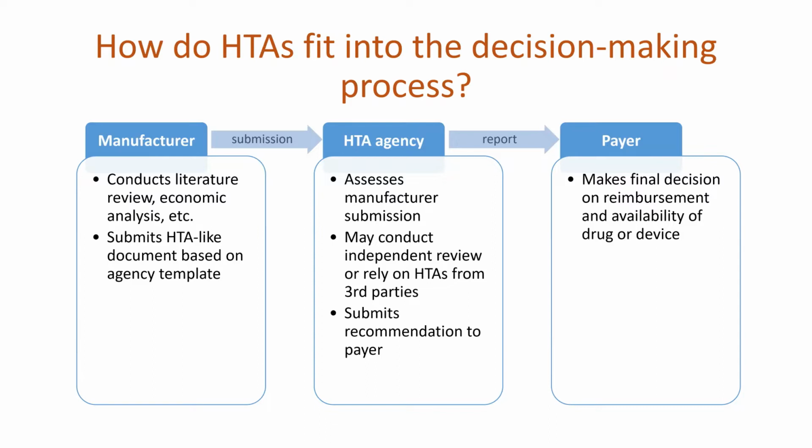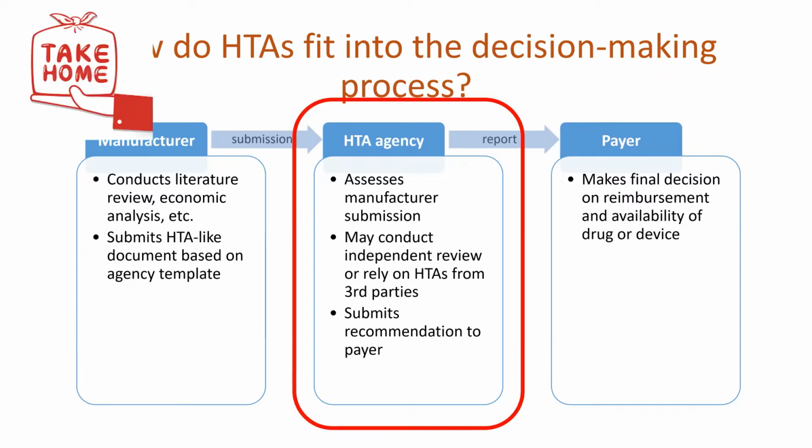And a very important take-home message here is that HTA agencies do not conduct the economic analysis. They do not do the economic review. They actually assess the submission that is usually provided by the manufacturer. Also, we need to remember that HTA agencies do not make decisions. They only make recommendations to inform decision-making by payers.